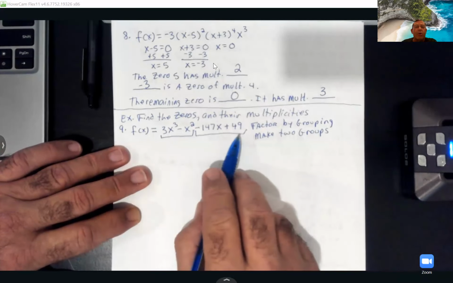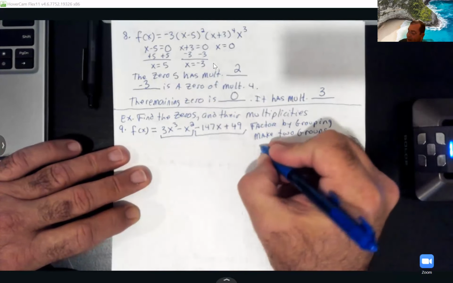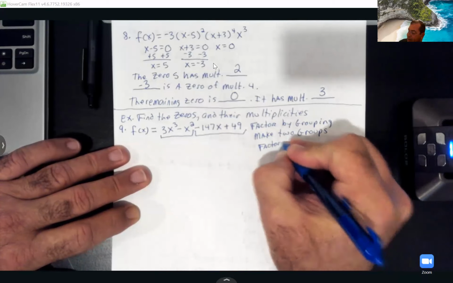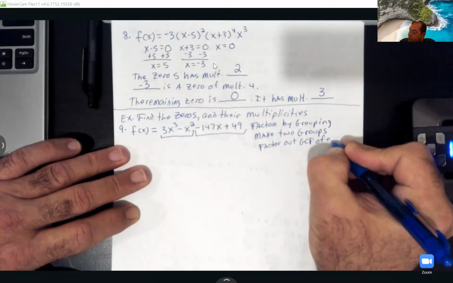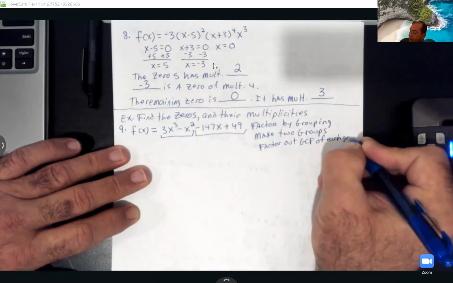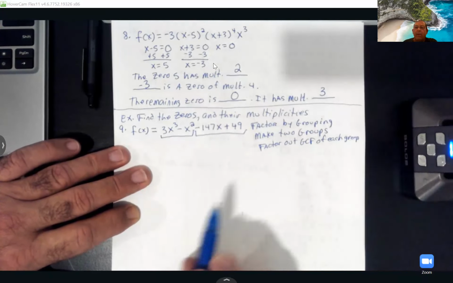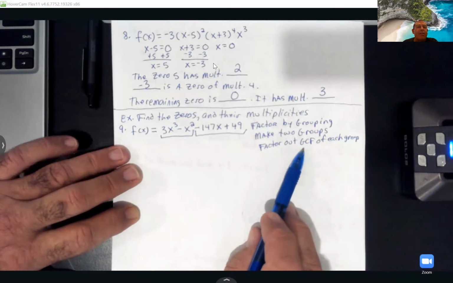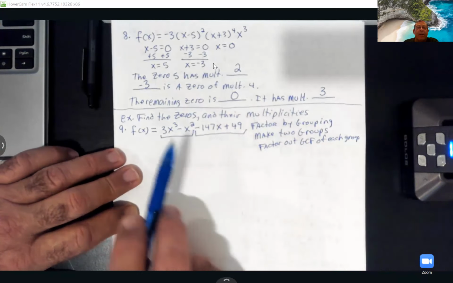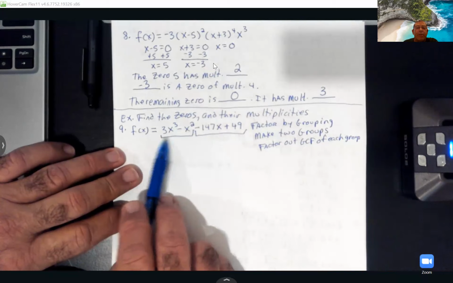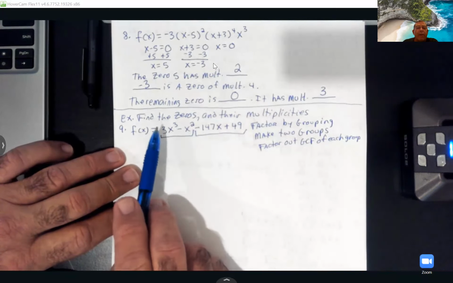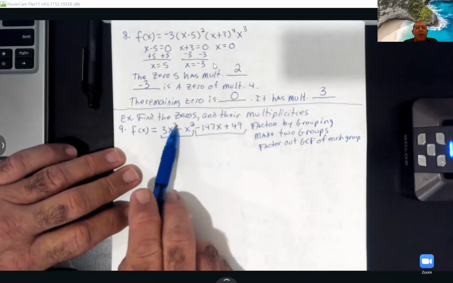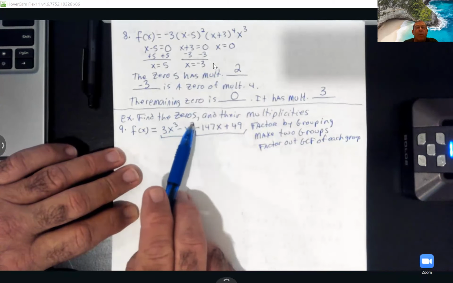Once we got our 2 groups made, we're going to factor out the GCF of each group. Now, the GCF is the greatest common factor. So I got a 3x to the third minus the x squared.